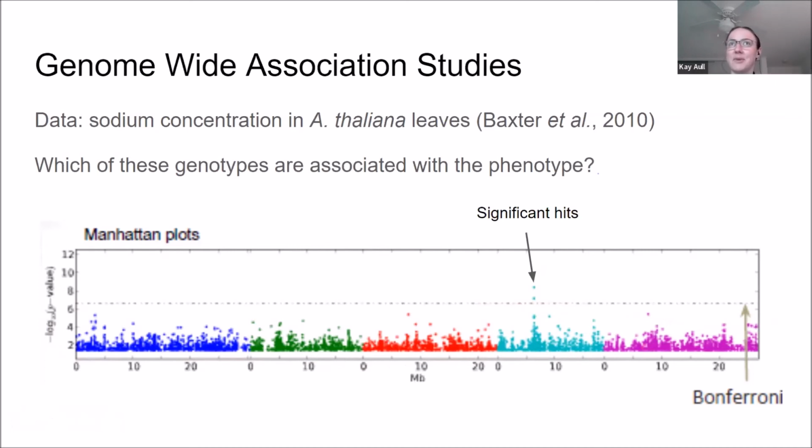If you sample something 1 million times, just by chance, you're going to get some pretty strong associations. But this line says, okay, here is the cutoff where you would expect your noise to be below that cutoff, even though you have taken all of these samples, and things above that line are deemed to be significant hits.